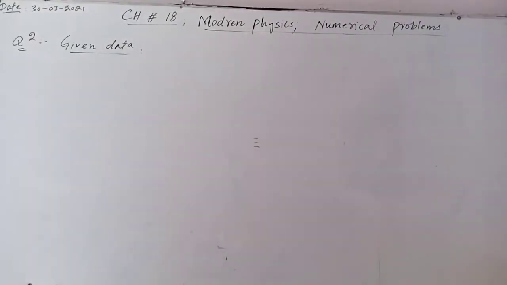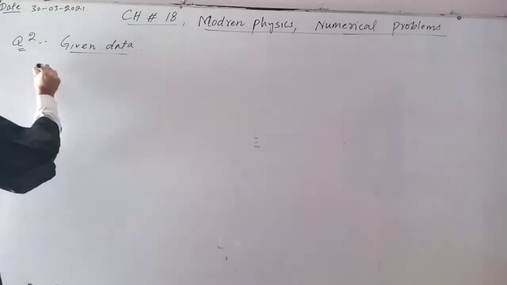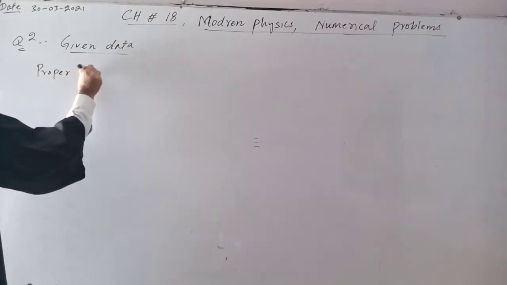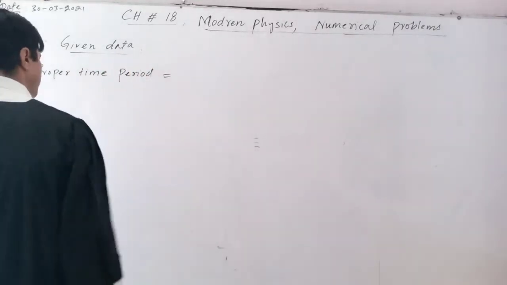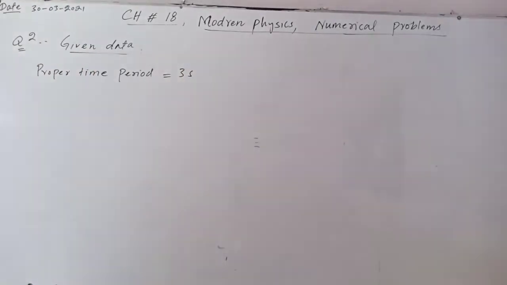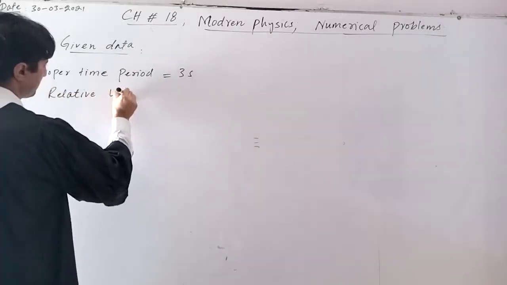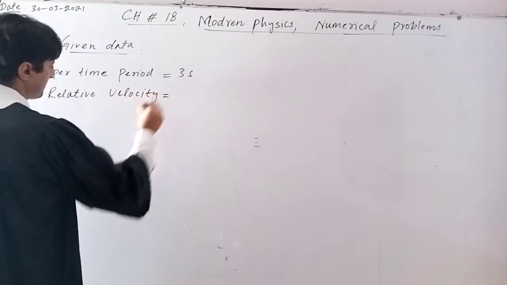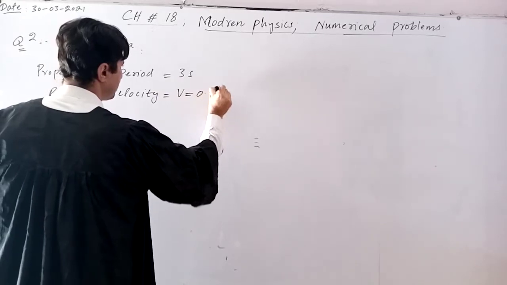So what is given? Proper time. Given data is the proper time period at rest, which is equal to 3 seconds. Relative velocity is also given: v is equal to 0.95 c.